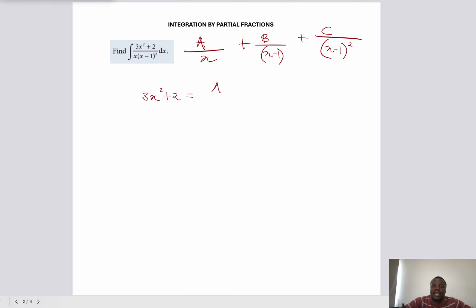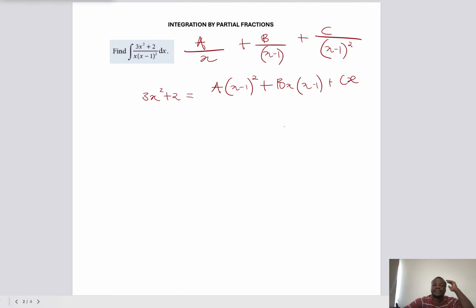So this becomes a x minus 2, and then b would be, this guy is going to be b x and then x minus 1, and c, which carries the highest degree factor, is just going to multiply x, since this x minus 1 is already in x minus 1 squared.